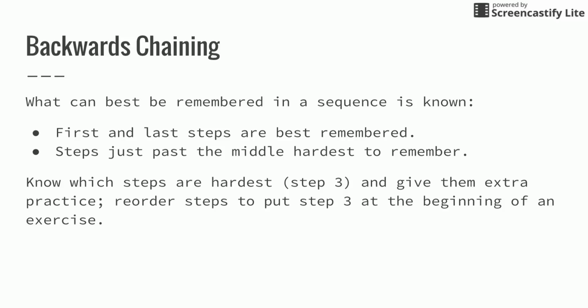All the steps in the middle are a little bit harder to remember, but the most difficult comes just past the halfway point. In our example, that would be step three, which is knowing when the cookies go into the oven and what temperature the oven has to be. If you're running students through practice of this, you would really want to spend more time focusing on what temperature the oven should be, what the cookies should look like going in, when the cookies go in, when the oven's hot enough.